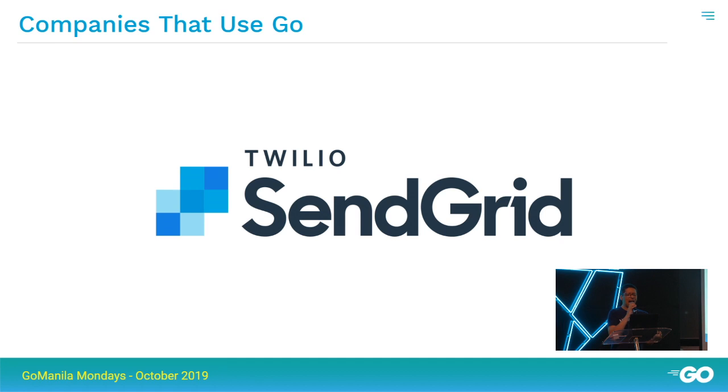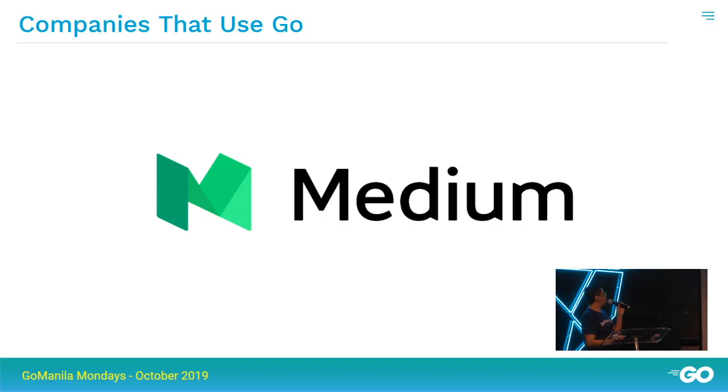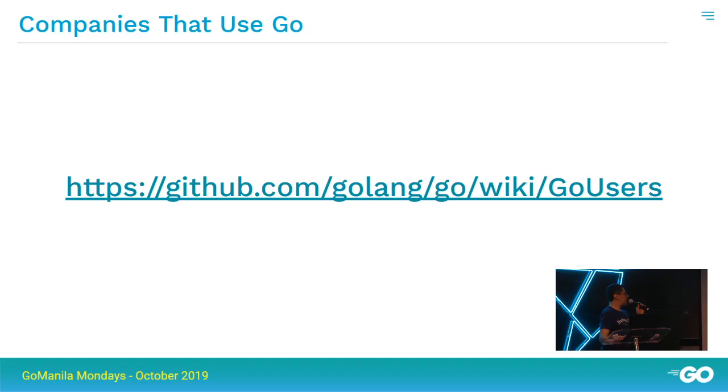I'm trying to remember what exactly SendGrid automated, but it had to do with some DevOps utilities that they automated, also using Golang, but I can't remember off the top of my head which one it was. Let's see who else we got here. Oh, and Medium, you guys obviously know this company. And they as well are using Golang in the wild.